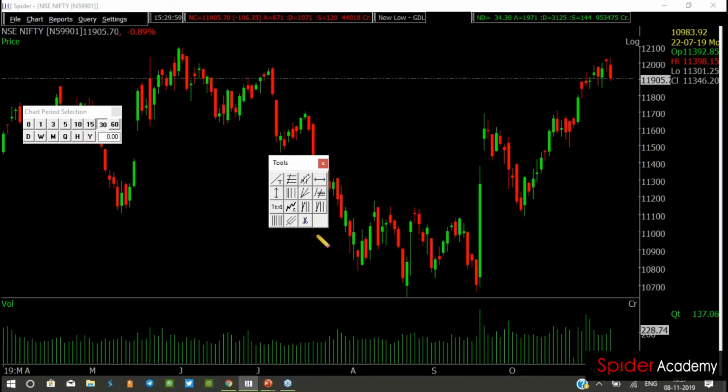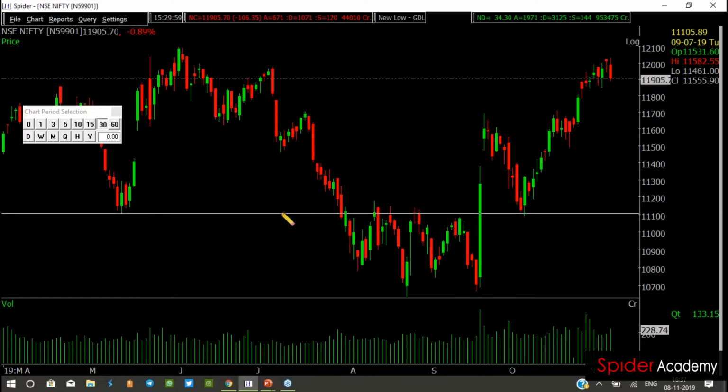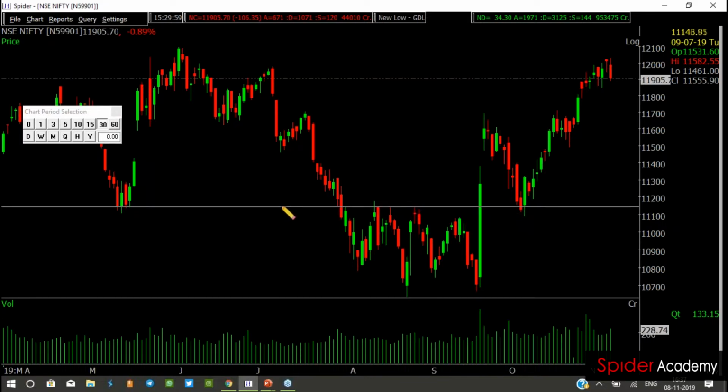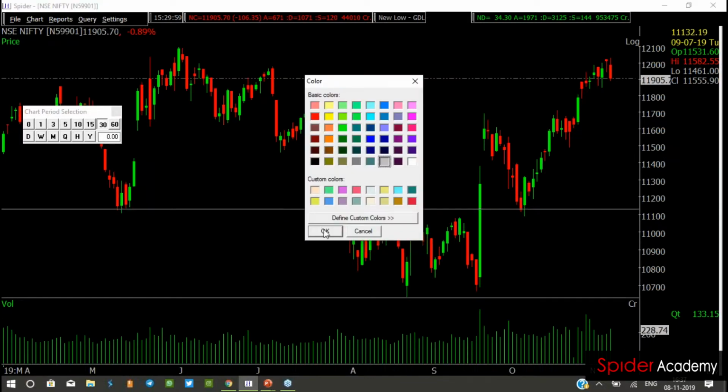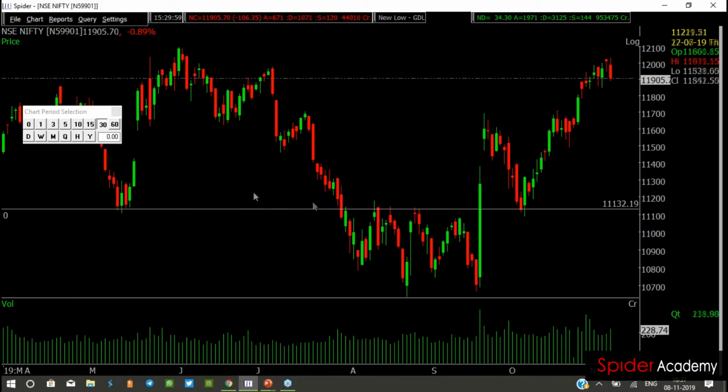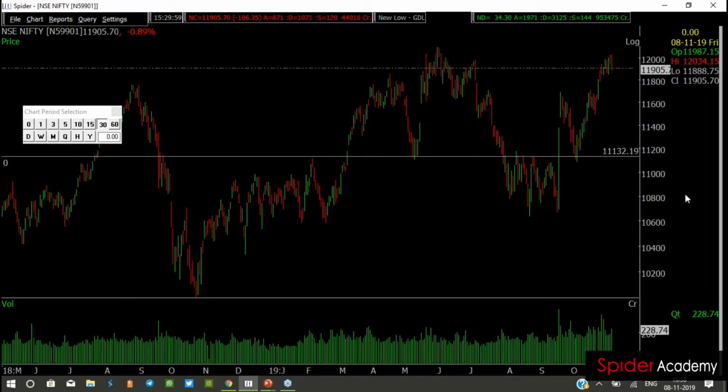Over here we have a level from which we entered into the phase, and after the breakout we took support over here and are moving up again, right? We even see over here that earlier the same level has been followed.